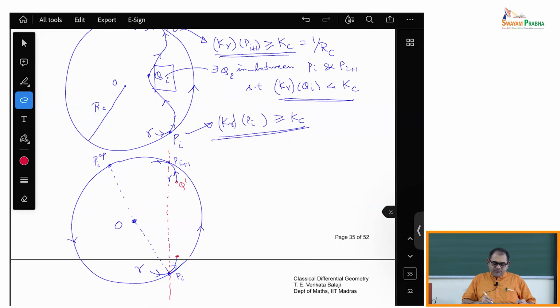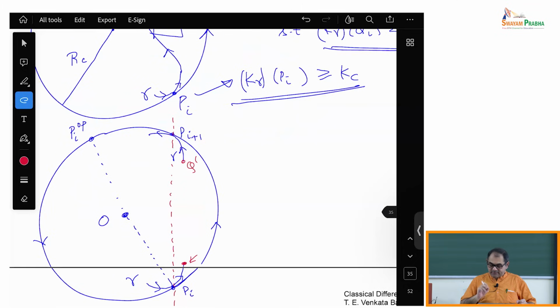So you could have chosen q prime here or here, doesn't matter. Now here is the important construction. The fact is that without drawing pictures, there is a q prime on the right side of this chord joining pi and pi plus 1. That is something that you cannot contest.